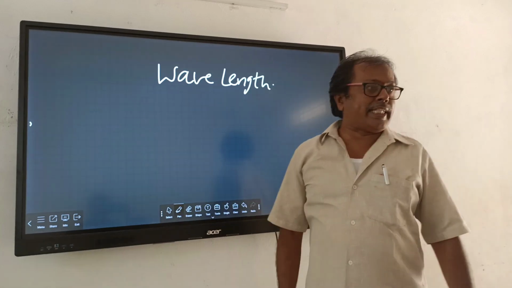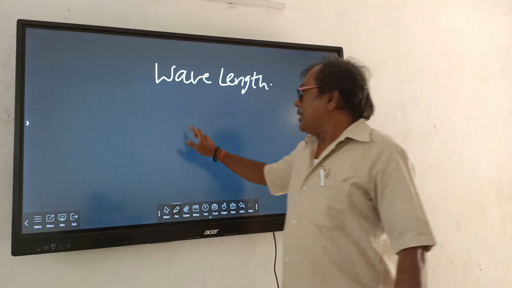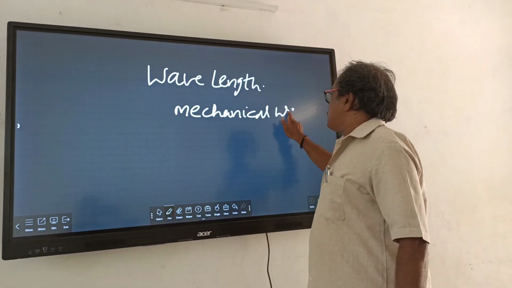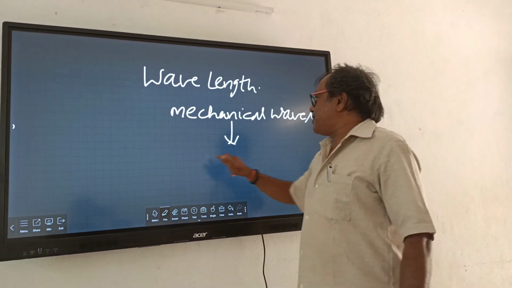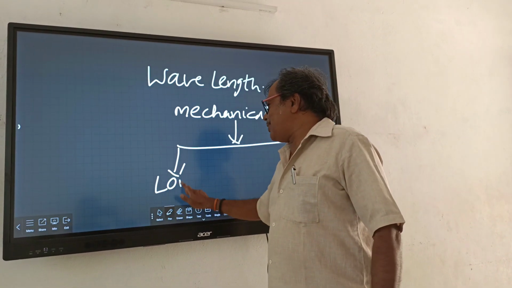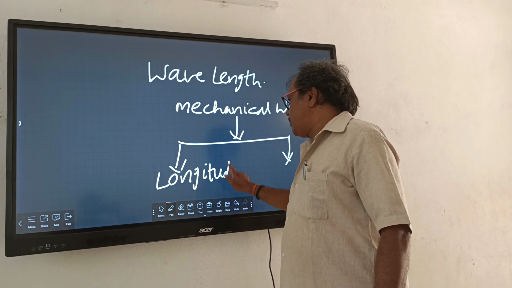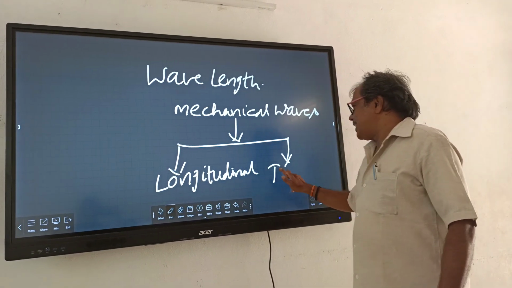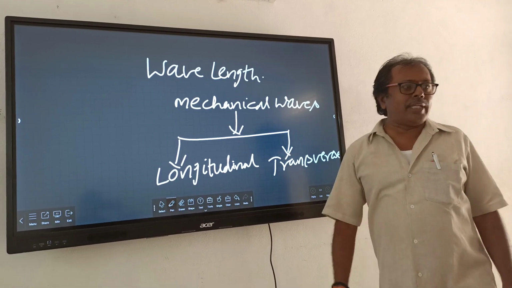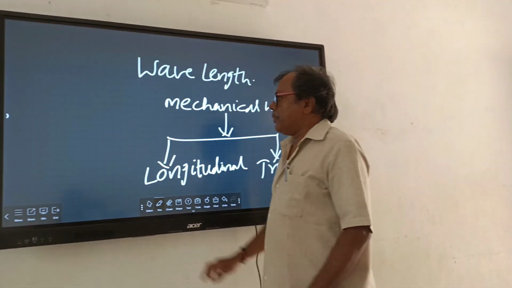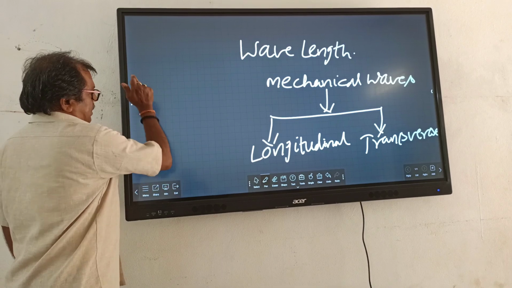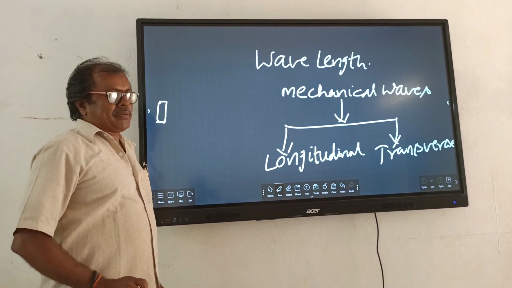Before you understand the term connected with wavelength, mechanical waves, I told you, are of two types. What are the different types of mechanical waves we discussed? Longitudinal waves. Second one is transverse waves. Suppose here is the position of the sound box or any bell.